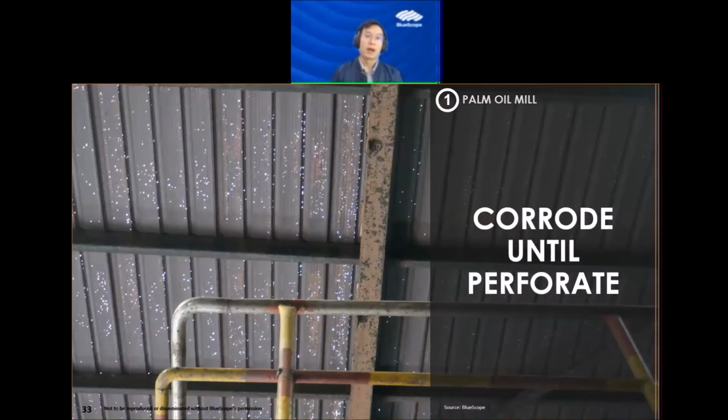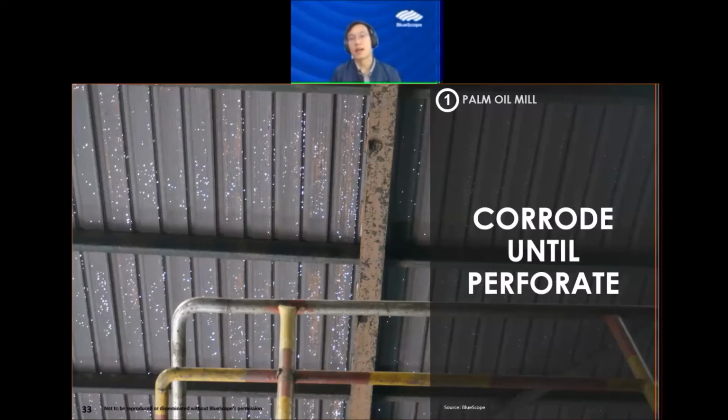Eventually the roof itself will start having leakages and holes. All these roofs can be showing signs of white dots; those are perforated holes.